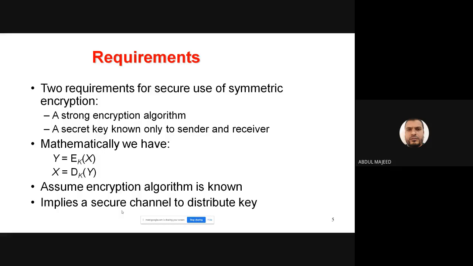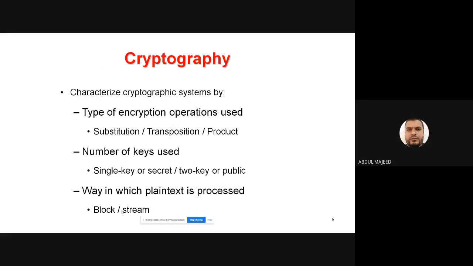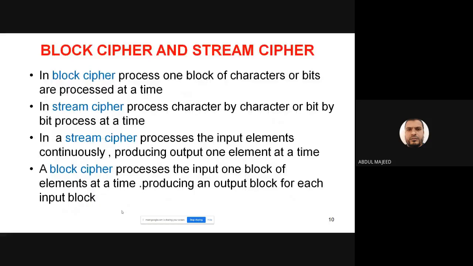Next, one more thing here: we are saying encryption and decryption. In two ways we can do that encryption and decryption. What are those two ways? In two different ways we can process the text.